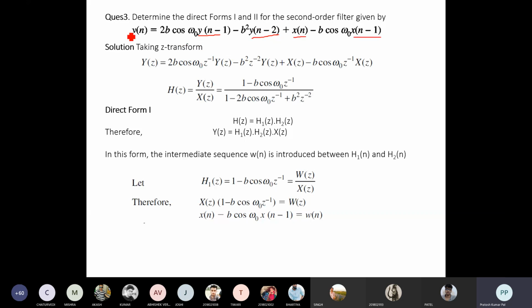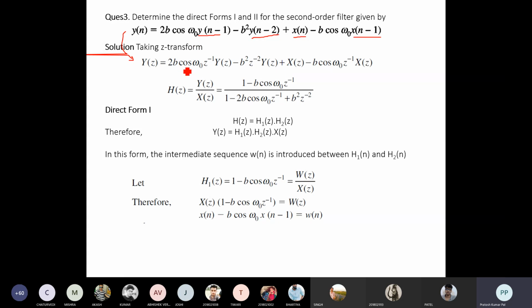To find the direct form 1 and direct form 2 representations, first of all, we need to convert this into the z transform by taking the z transform, considering y of z. Here cos omega 0 has no function of n, so it behaves like a constant.